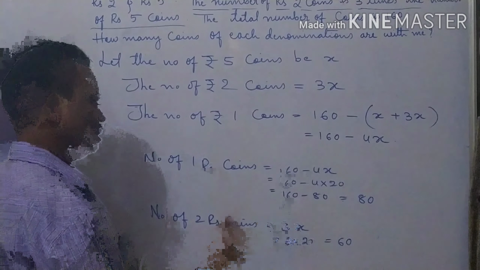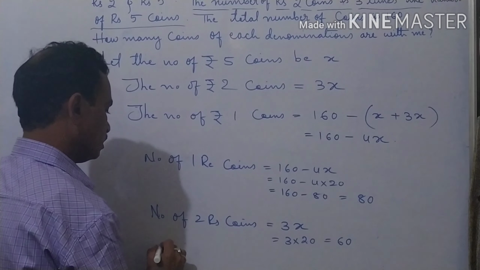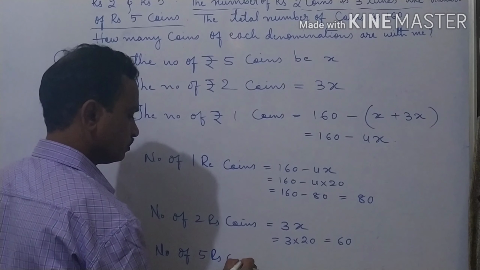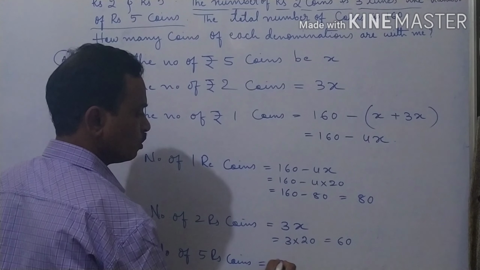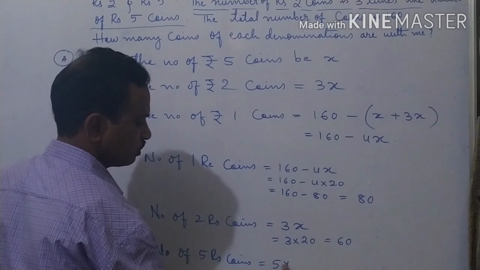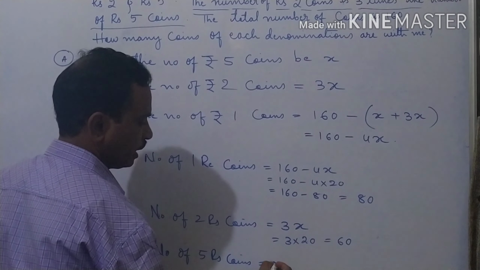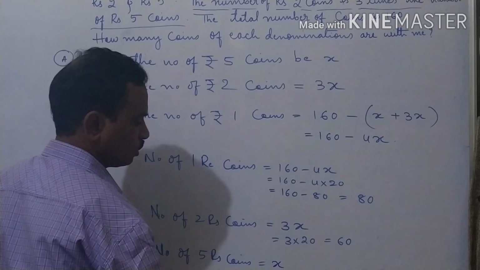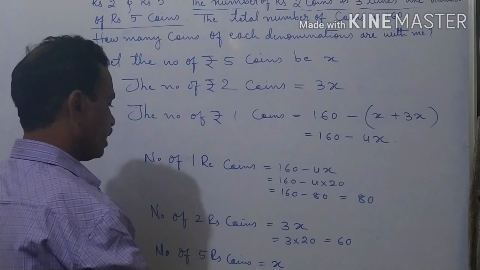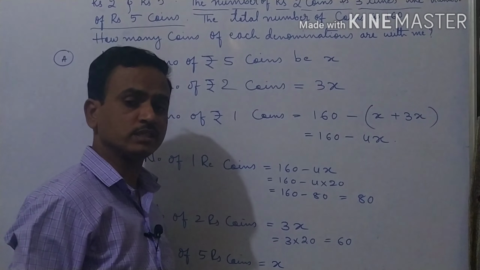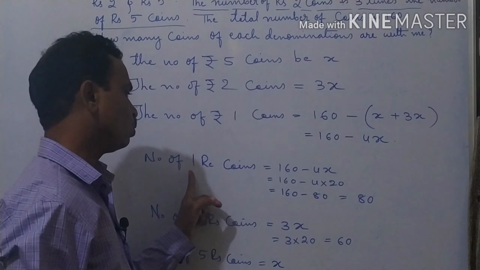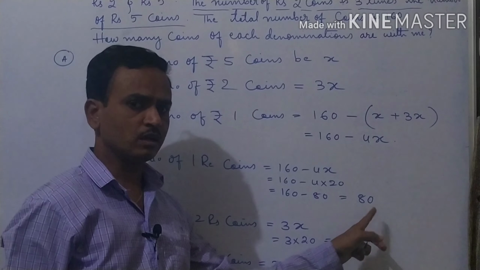Then the number of 5 rupees coins is equal to x, which is 20. That means 20 coins of 5 rupees are there, 60 coins of 2 rupees are there, and 80 coins of 1 rupee are there.